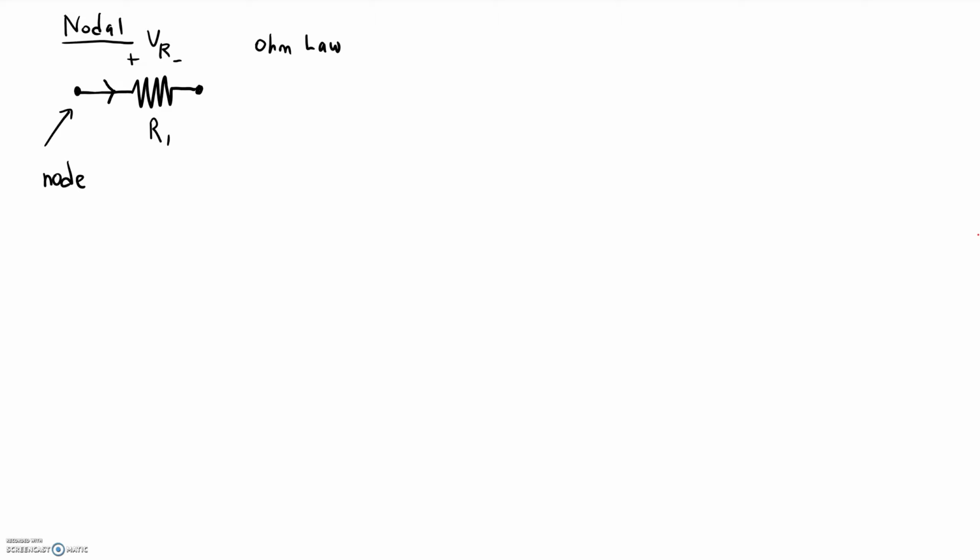For example, the current that flows through R1 is IR1. In Ohm's law, IR1 is equal to V at R1 divided by R1.